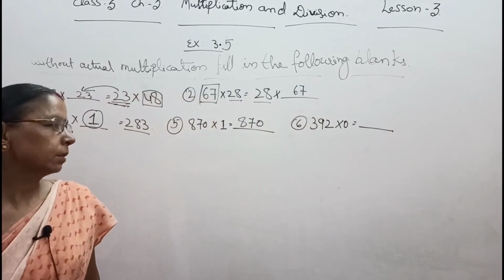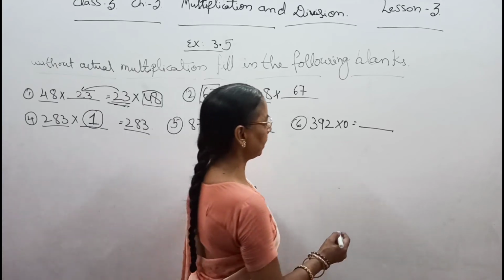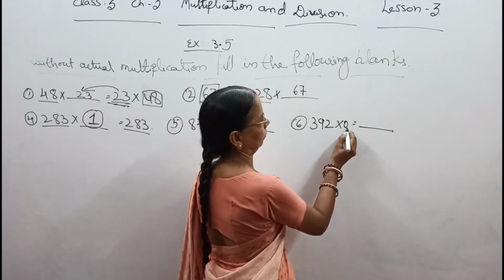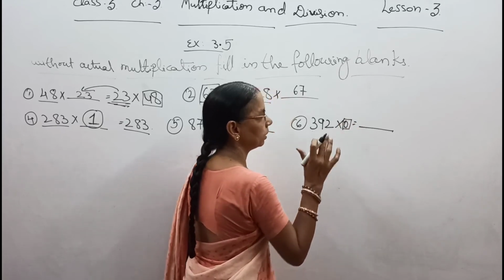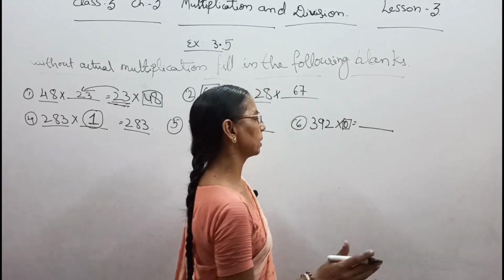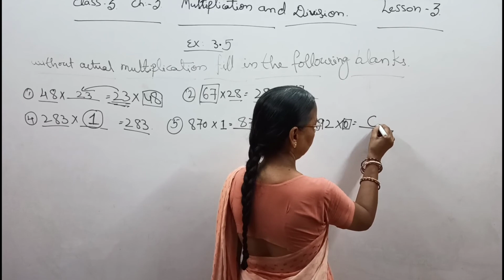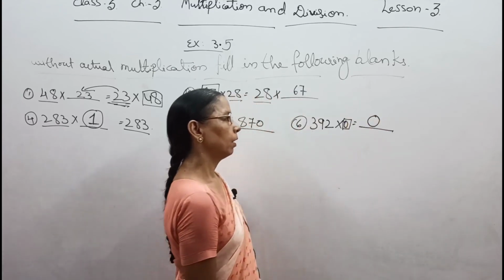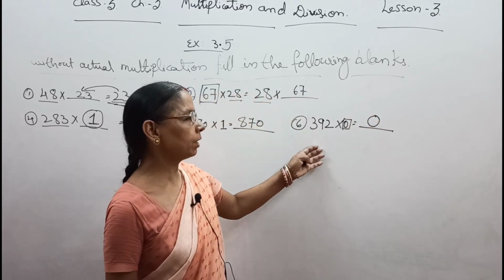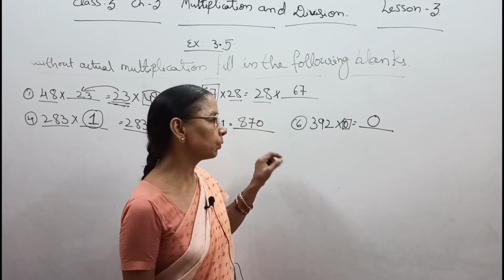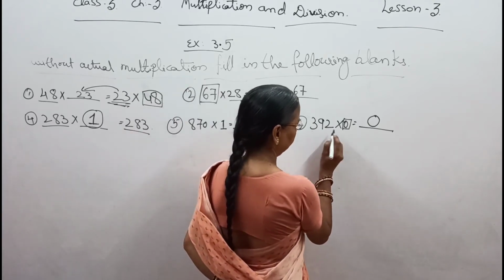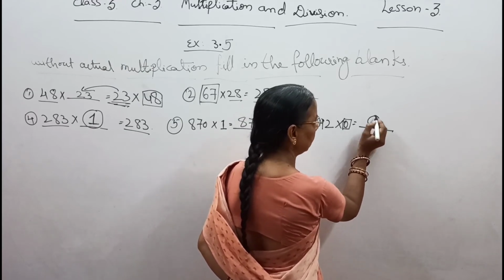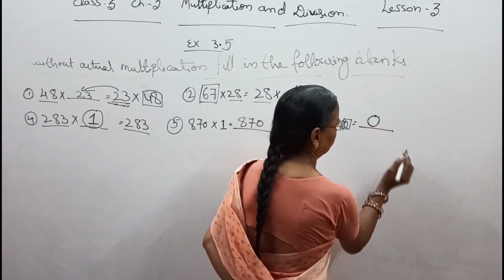There is one thing: if we multiply any number with 0, the result or the product is only 0. Whether it is a number of 3 digits, 4 digits, 5 digits, 2 digits or 1 digit, if we multiply the number with 0, then we get only 0.